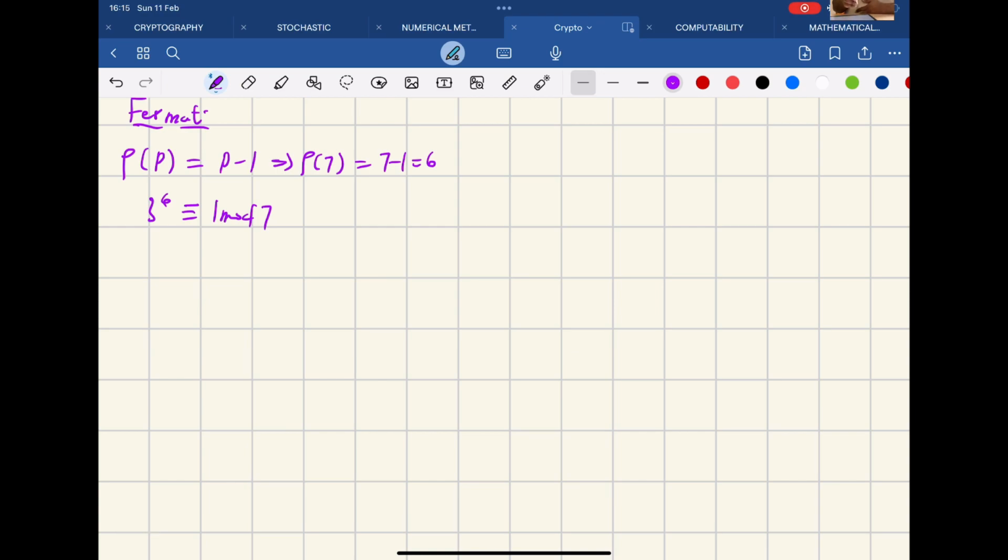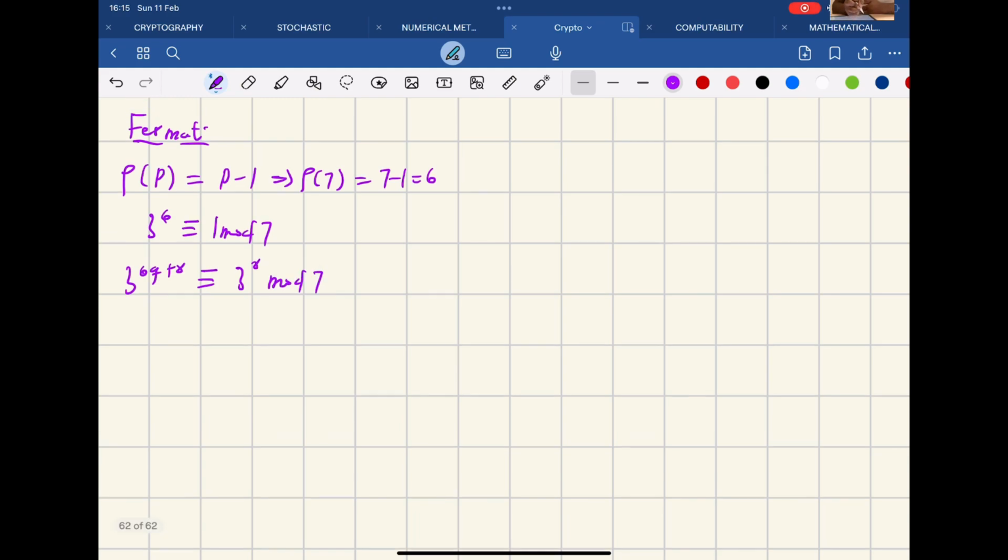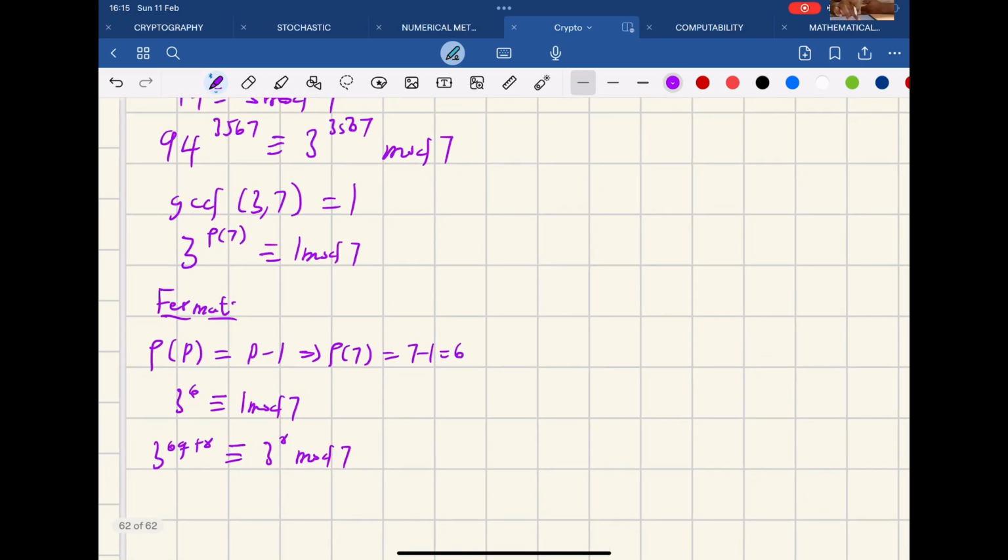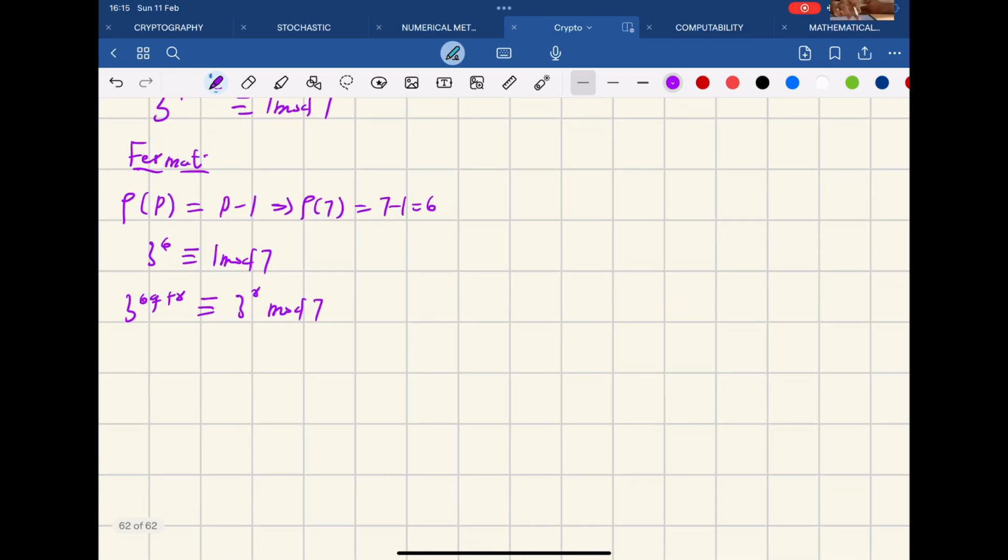Now this is the same as writing 3 raised to the power 6q plus r is congruent to 3 raised to the power r mod 7, where r is the remainder. Our exponent is 3567.